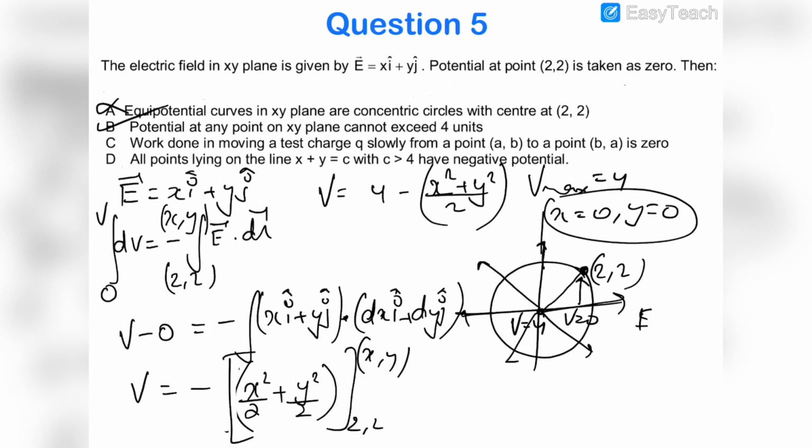So if we draw a line, this one, x plus y is equal to c, and if we wish to know whether this point 2 comma 2 is satisfying this equation or not.